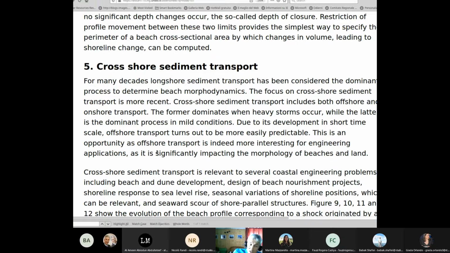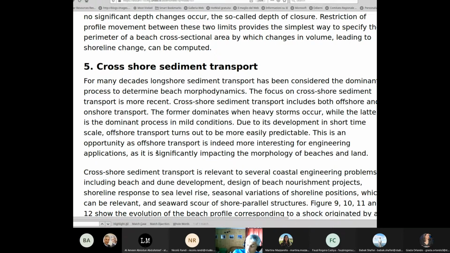The alongshore sediment transport is less related to extremes, is more related to an average situation. And so, what is the result? The result is that the cross-shore sediment transport evolves in time scales that are much shorter with respect to the alongshore component.